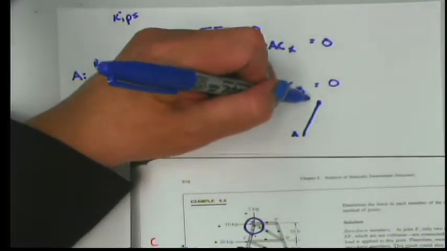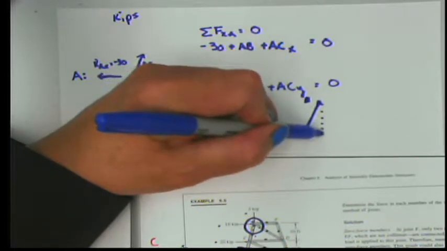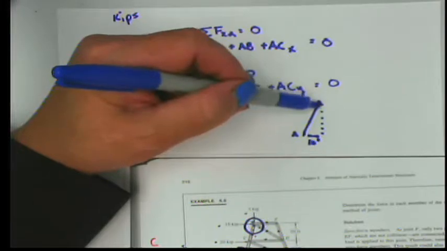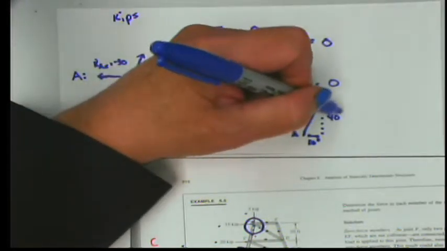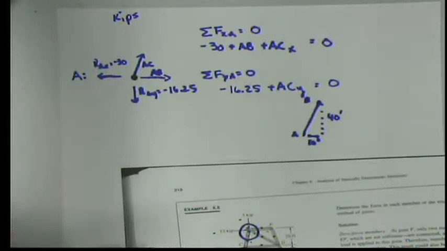Up here to point E, this horizontal distance is 10 feet, and the vertical distance is 40 feet, isn't it? So I think last time I had thought that this distance was 10 feet from here to here, but it's not. I see from the drawing that it's actually the entire height of that picture.